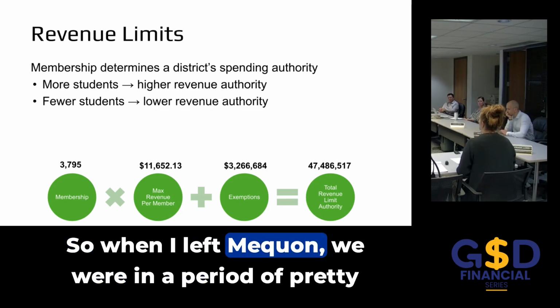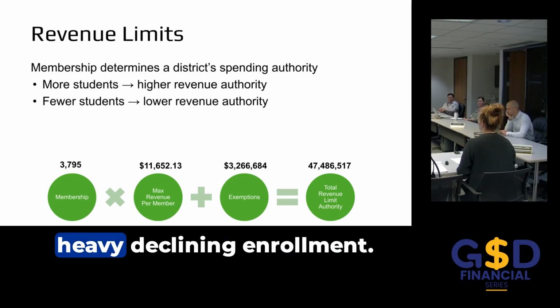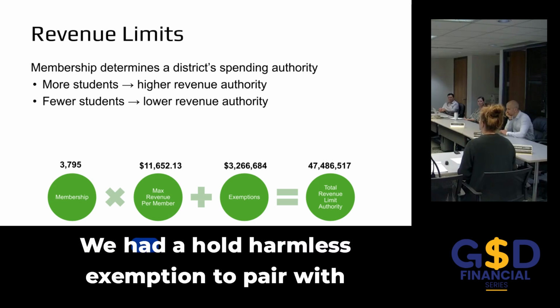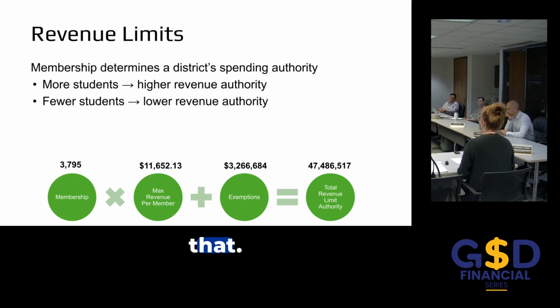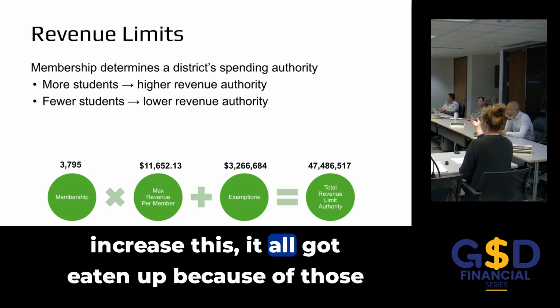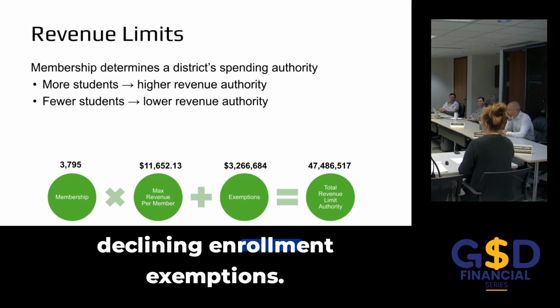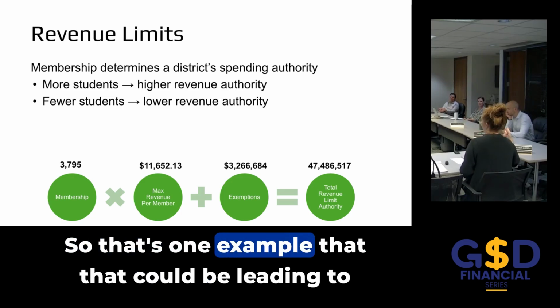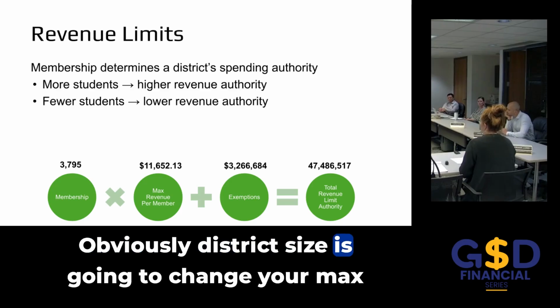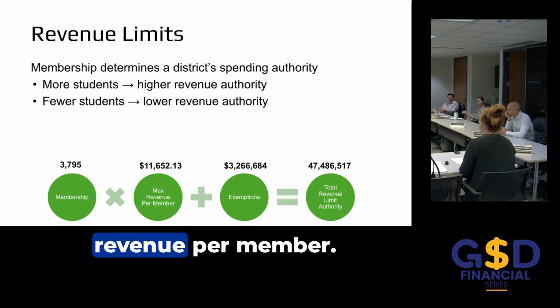When I left MEC1, we were in a period of pretty heavy declining enrollment, so on our revenue limit, we had a declining enrollment exemption and a hold harmless exemption to pair with that. So when we got that additional $325 per pupil, which would help to increase this, it all got eaten up because of those declining enrollment exemptions. So that's one example that could be leading to that. Obviously, district size is going to change your max revenue per member.